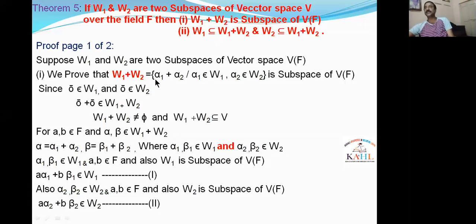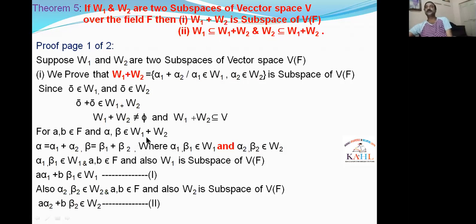How are they in W1 plus W2? Alpha 1 plus alpha 2, where alpha 1 belongs to W1, alpha 2 belongs to W2. So alpha in W1 plus W2 means alpha is in the form alpha 1 plus alpha 2, alpha 1 belongs to W1, alpha 2 belongs to W2.